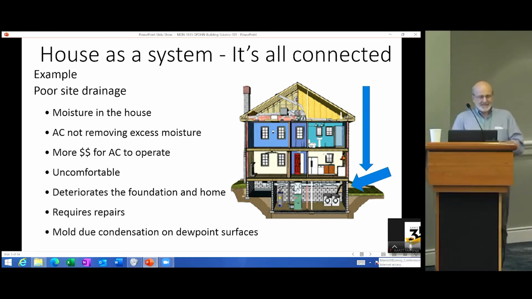Appreciate it. So if you allow this moisture to get inside the house, to find a way inside, it can cause problems with energy, with comfort, energy bills, more energy required for the air conditioning to operate, to dehumidify, and then get into the materials and deteriorate foundation, building materials, home materials, causing eventually some repairs.